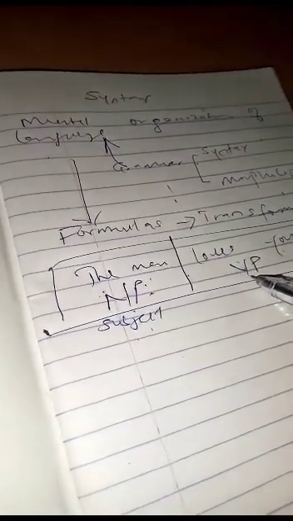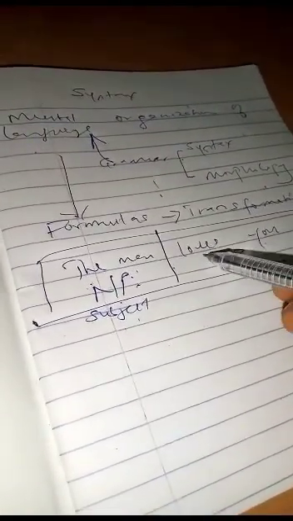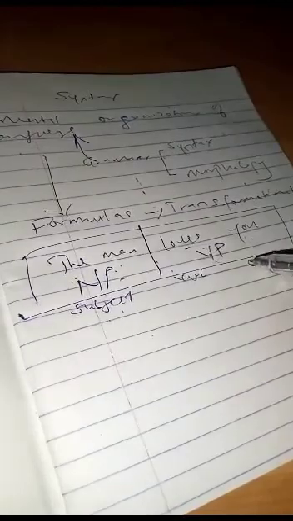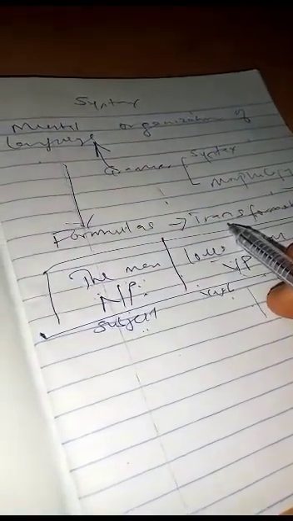The VP, on the other hand, houses the verb, which is the action, and the object. So two things: the VP houses the verb and the object, while the NP houses just the subject. Point number one. Once you've gotten this, you're just one step into understanding the formulas provided by transformational grammarians to understand the mental organization of language grammar.